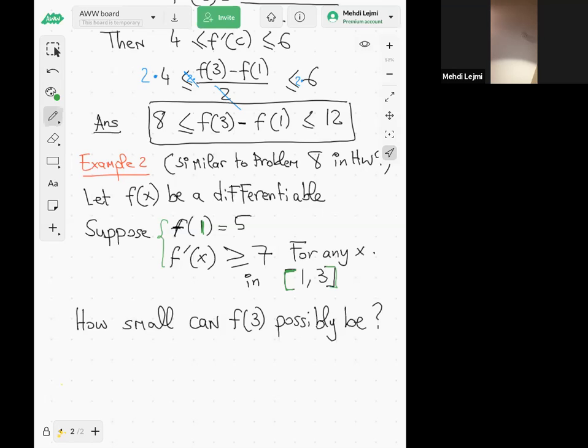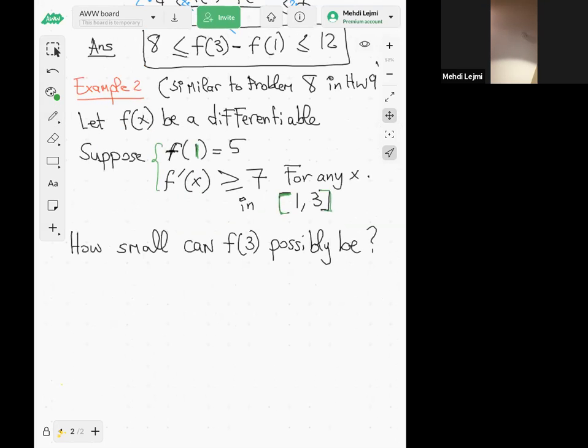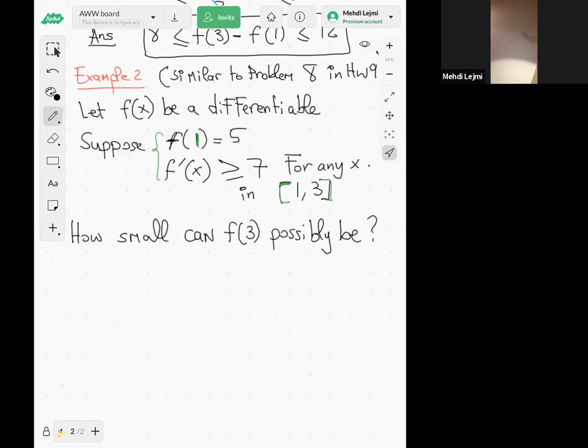So how can we answer such a question? Well, of course, the idea is to use the mean value theorem. So we're going to use the mean value theorem on this interval 1, 3.